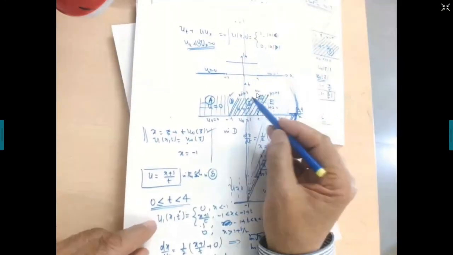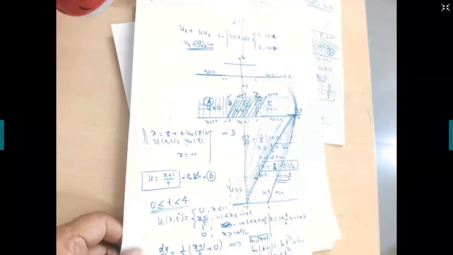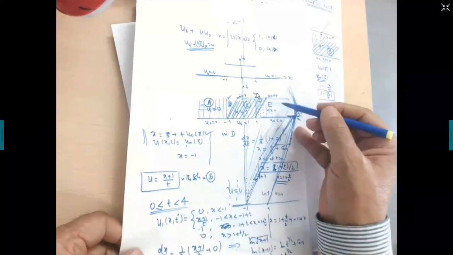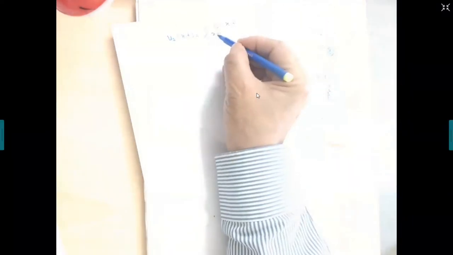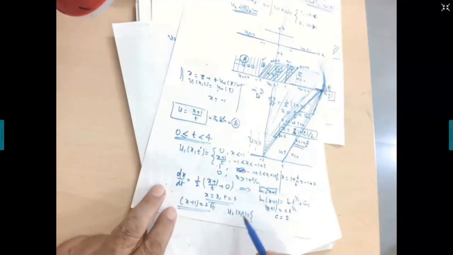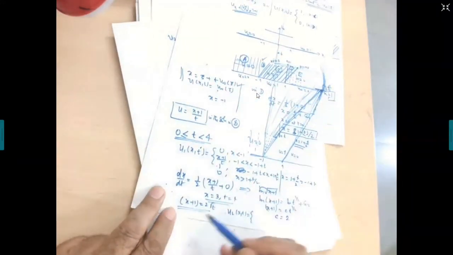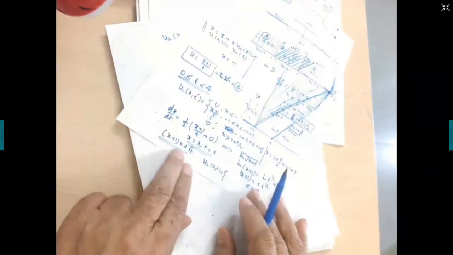In this region, it will be what we have just determined, this is your rarefaction wave region. That is, x plus 1 upon t minus 1 is less than x, less than the shape of the shock, that is x equals 2 under root t minus 1. Am I right? Yes, sir.